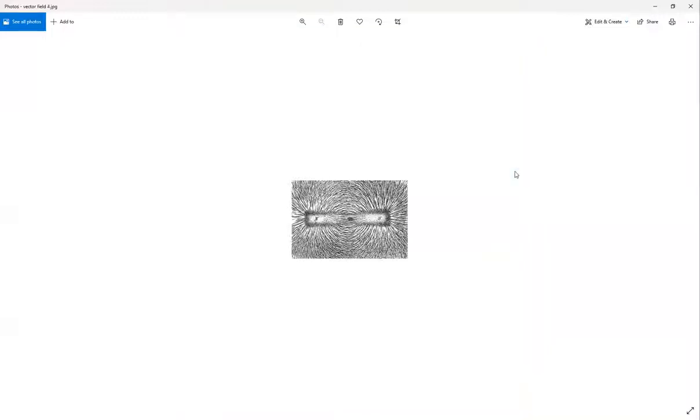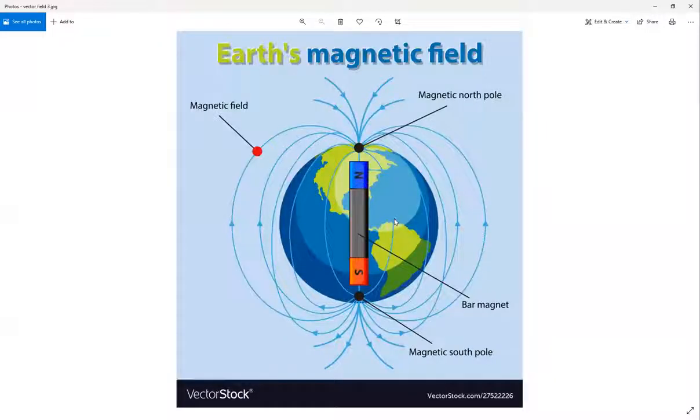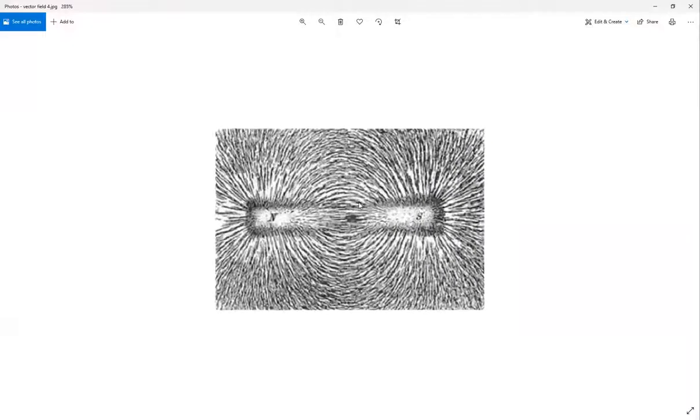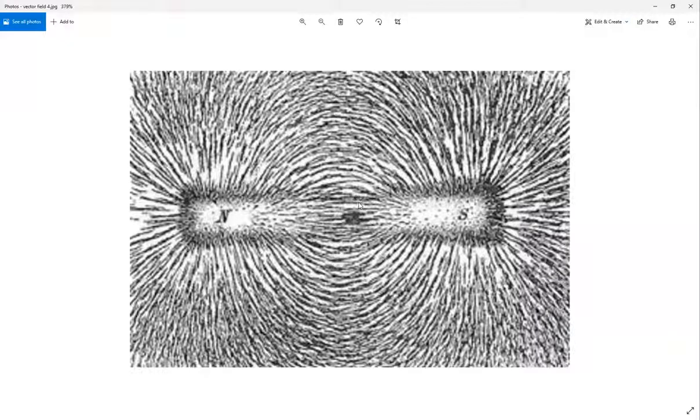And finally, this is a real life example, a real picture of a magnetic field, and look at the behavior. In each position, at each x and y value, you have vectors in different directions.